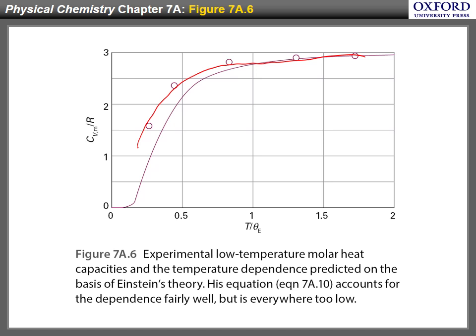This is because of Einstein's assumption that all elements oscillate at the same frequency. But in reality, they oscillate at a range of frequencies from 0 to some maximum, nu D. And so this is a result of averaging.